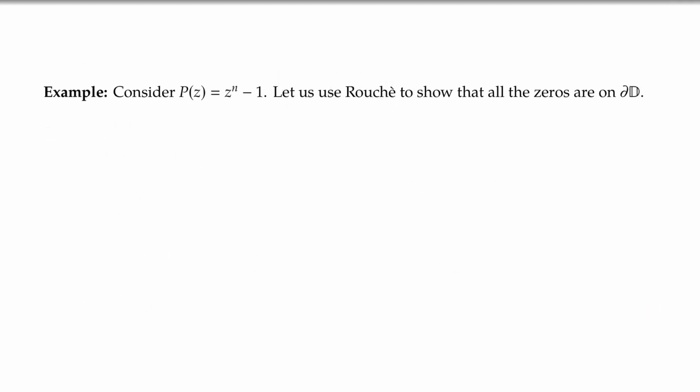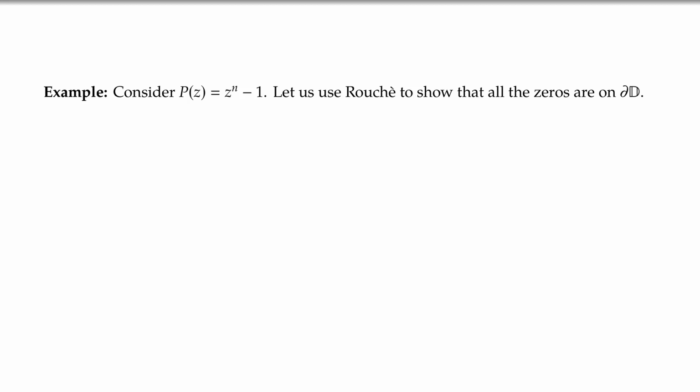Now let's look at an application. This is the simplest typical application of Rouché that is usually used to demonstrate the theorem, which is to locate zeros. Here we don't have to compute an integral; we just have to show a certain inequality. So let's show that this polynomial p, which is z to the n minus 1.